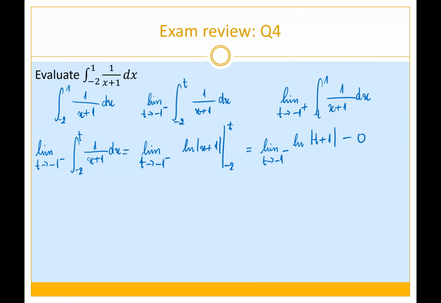Now look at this: as t approaches -1 from the left, t plus 1 is going to approach 0 from the negative side. If you take the absolute value of that, it's 0 from the positive side. And ln of 0 plus is going to be -infinity.